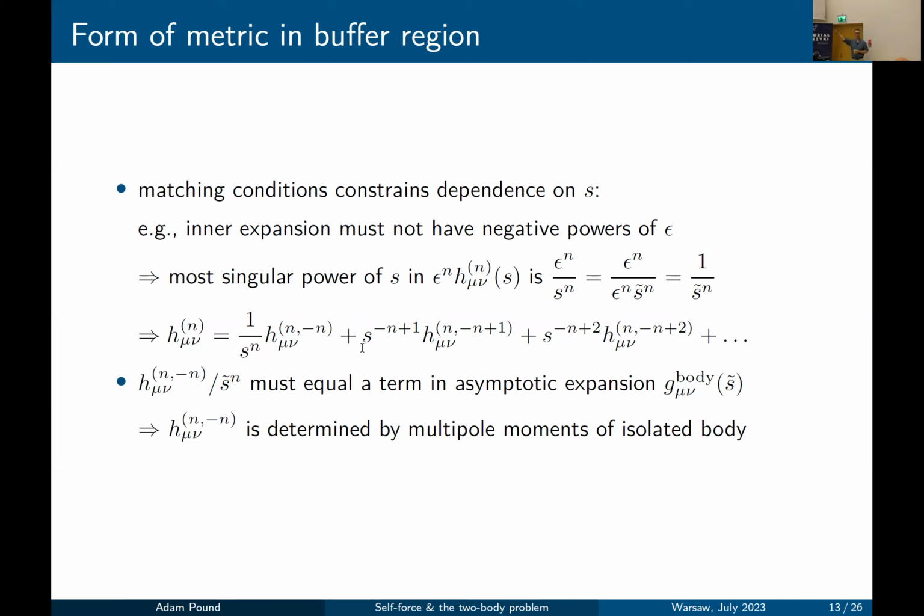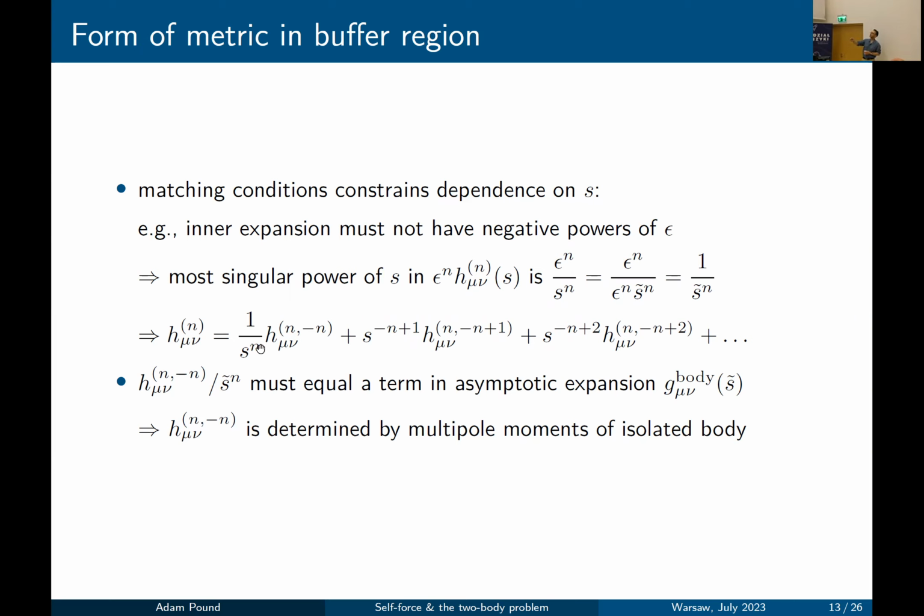You have m over s, mass over s. And then all the higher order terms in powers of m come with higher powers of 1 over s. So in fact, this leading term here, if n equals 1, is just the Coulomb term, just the mass over s. And as you go higher order in perturbation theory, as n goes up, you get higher powers of 1 over s.